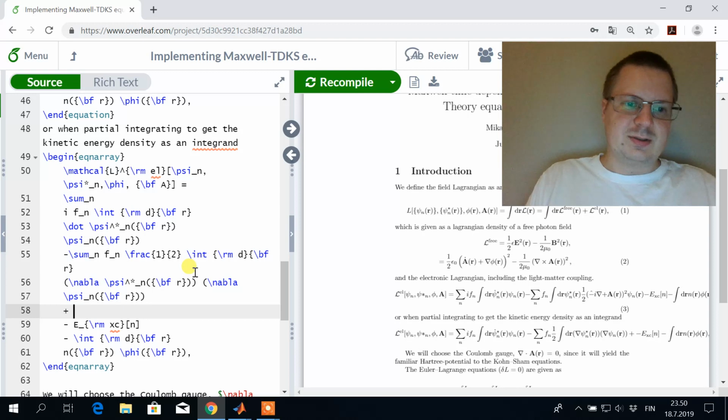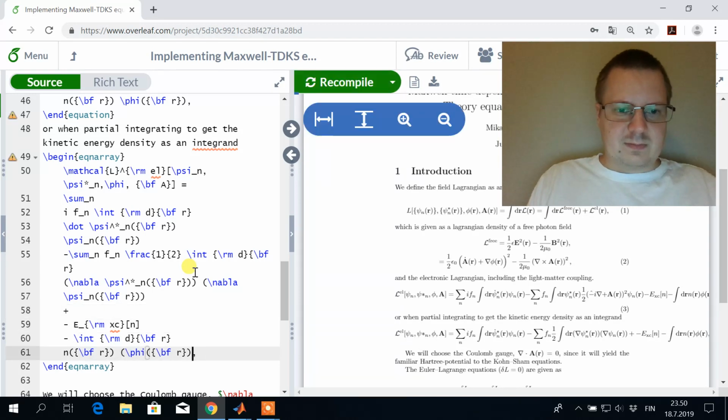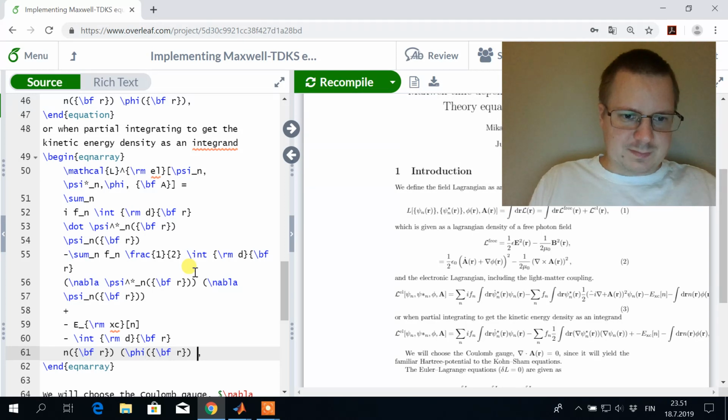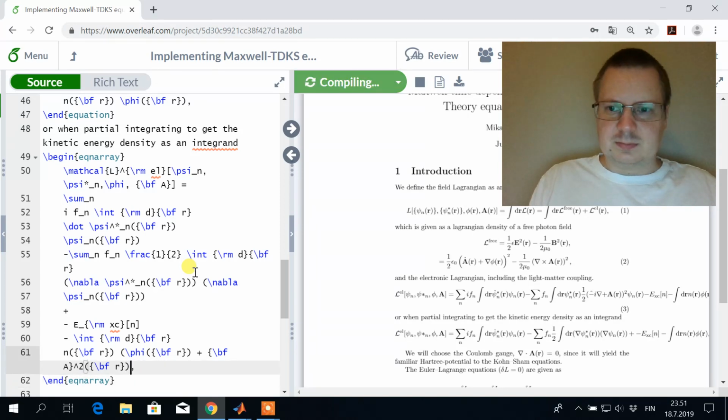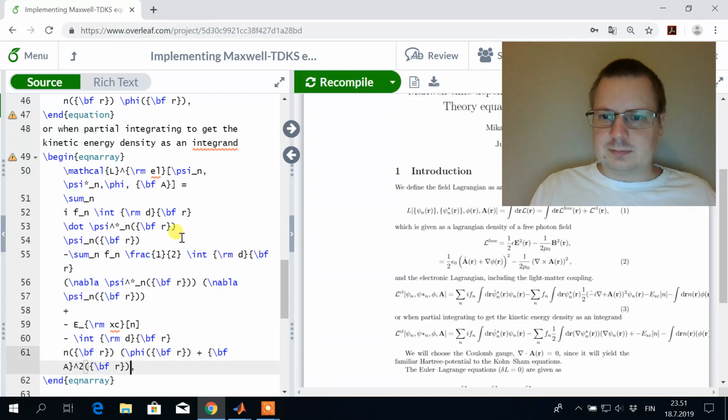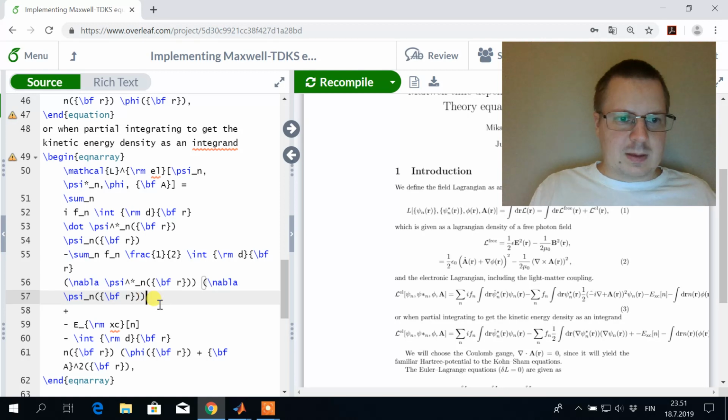So we have actually a term which looks a bit weird, it looks like this. So that's that.